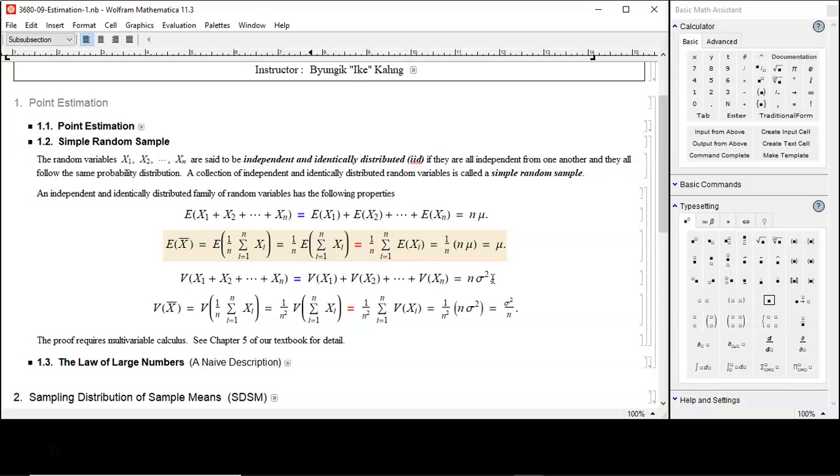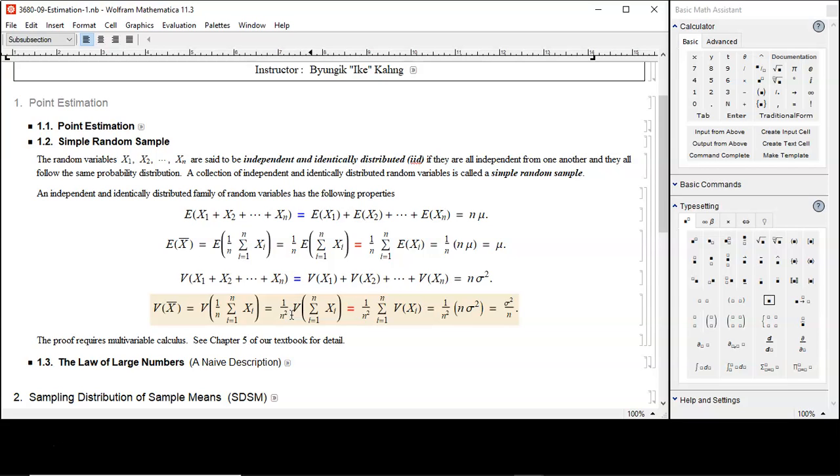Now, how about variance? The variance of the sum is the same as the sum of the variances. And they're all the same, so n times sigma squared. Now from here, divide by n. What do we have? The sum divided by n, that's my mean, x bar. And then 1 over n comes out as 1 over n squared, and that's true for all variance, because how do you define variance?